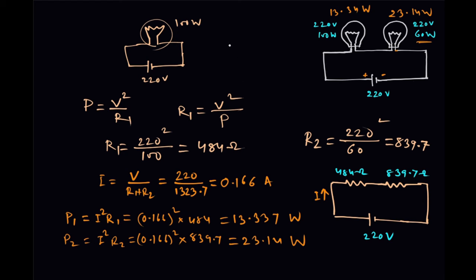But in case of parallel connection, from this formula the voltage is the same. The one having low resistance will consume more power, and in this case it is just the reverse, and the 100 watt bulb will be less bright than the 60 watt bulb. In the household you will find that the appliances are connected in parallel. The bulbs and other household equipments are also rated for 220 volt.